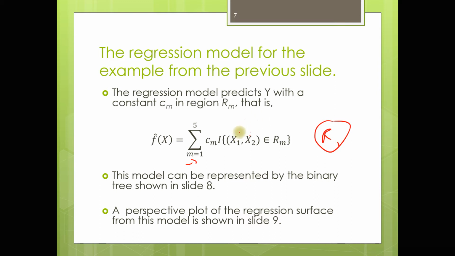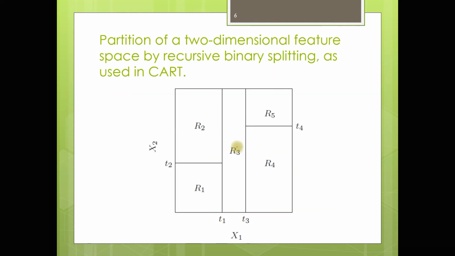First of all, you understand that this would be C1 multiplied by the indicator function, which will return either the value 1 or the value 0. These are the only 2 possible values that you will get from this part here. If a set of values is found within region 1, like for example, region 1 is what?